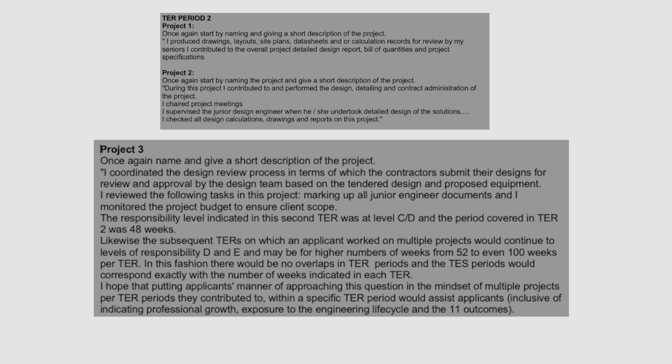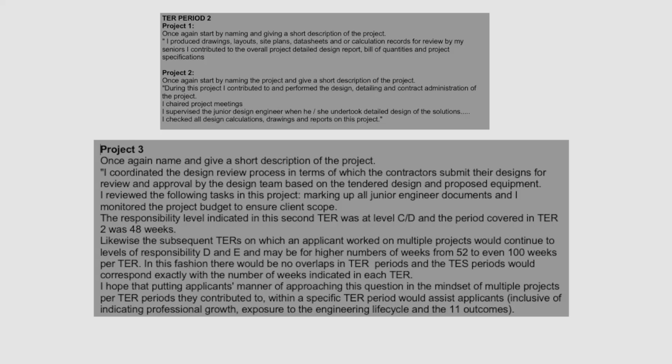And then this individual also worked on a third project during that same time. So once again, name the project, what you're doing on it, description, that kind of stuff. Here's an example. I coordinated the design review process in terms of which the contractors submit their designs for review and approval by the design team based on the tendered design and proposed equipment.